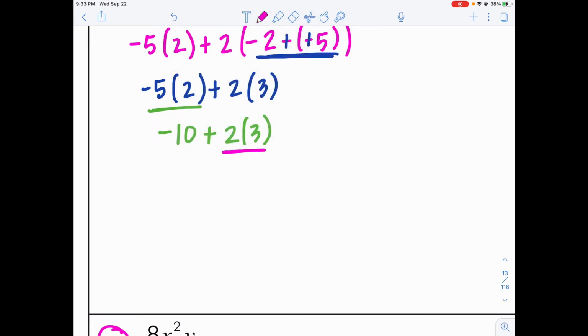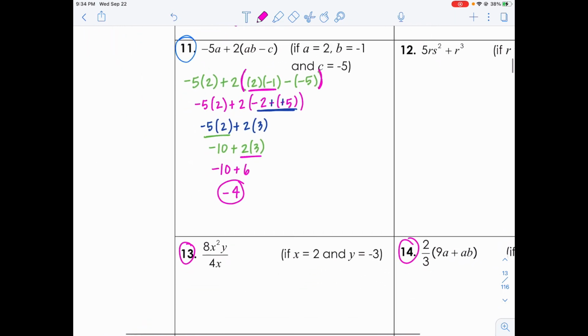Simplifying my next multiplication, 2 times 3 is 6. Bringing down everything I haven't used, I'm left with a negative 10 plus 6, and a negative 10 plus 6 is a negative 4. I can tell you now that if you are trying to skip steps on this, you are going to end up making a mistake, especially as we work into the harder problems.